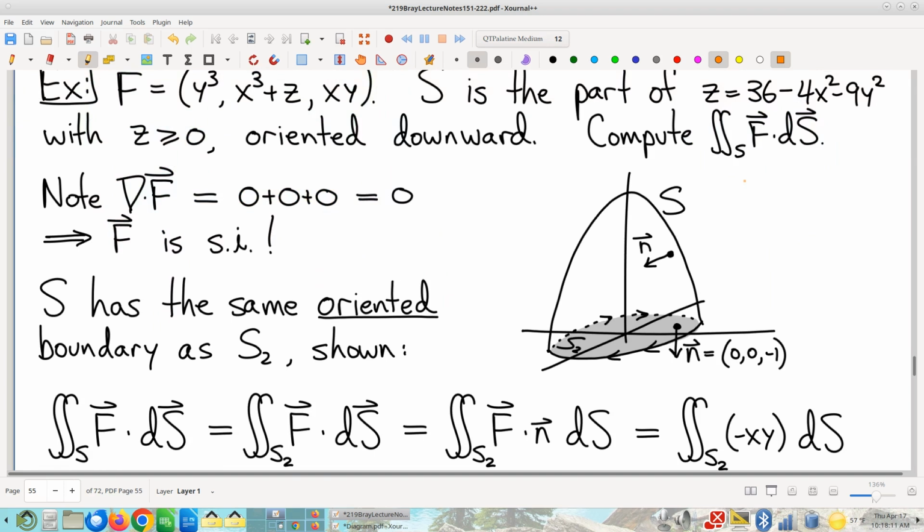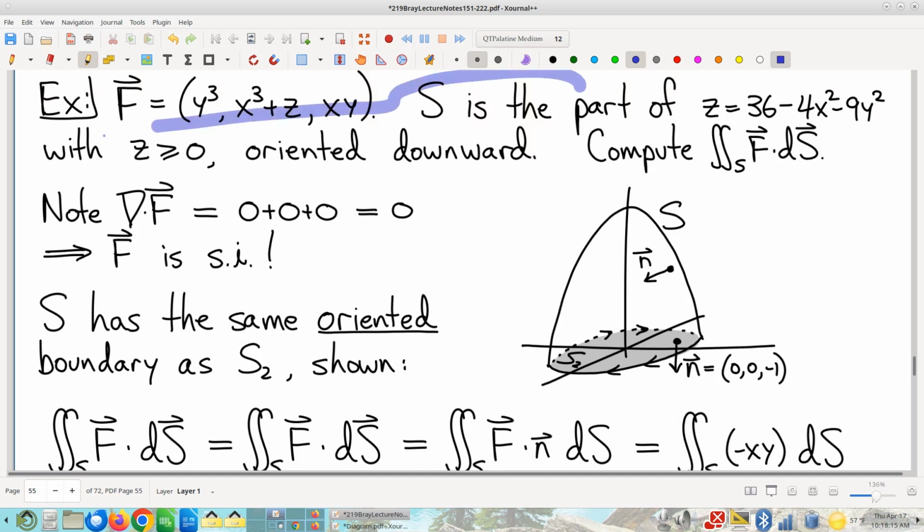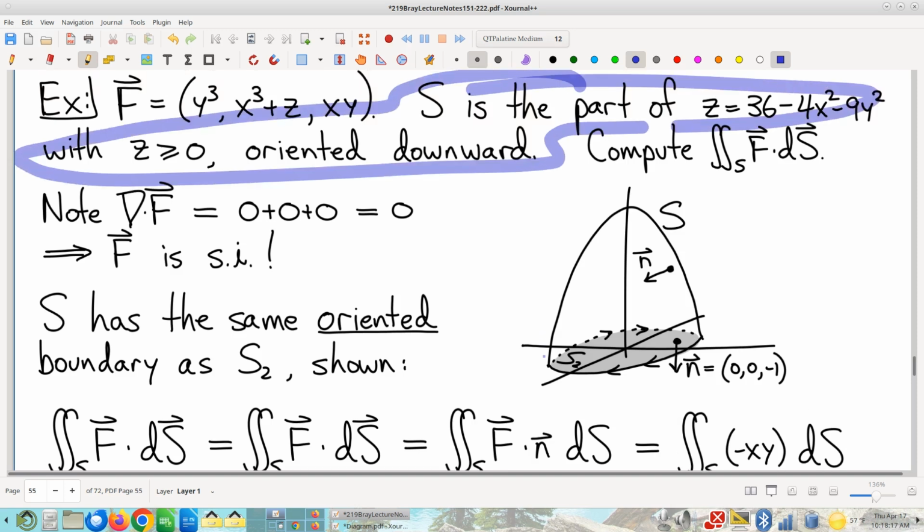Let's see here. So I was initially given this surface, which I can draw about like this. By the way, make sure you can do this. This, of course, is a stretched out, well, it's an elliptical paraboloid. So you can think of this as a parabola that's been rotated, but then subsequently also stretched or squished.